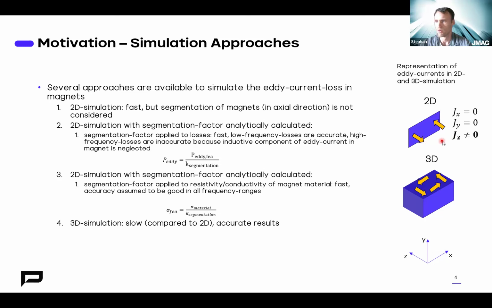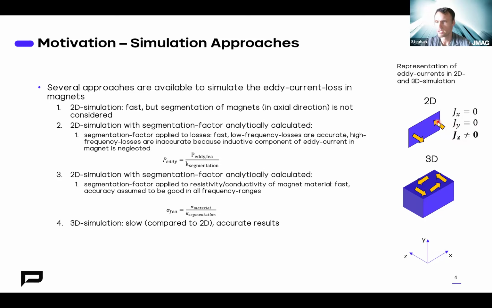One can see that in a 2D simulation, we can only consider the axial component of the eddy current, and we cannot consider the real 3D eddy current. Because in a 2D simulation, the current density in X and Y direction will always be 0, and we can only consider the Z component of the current density.